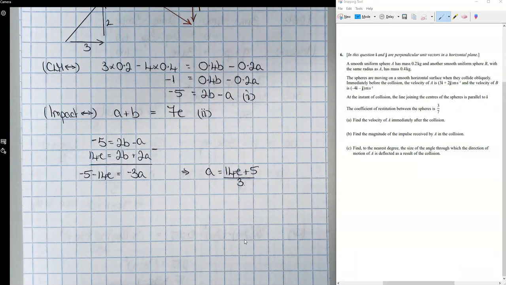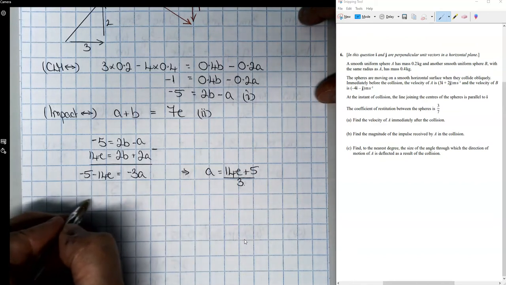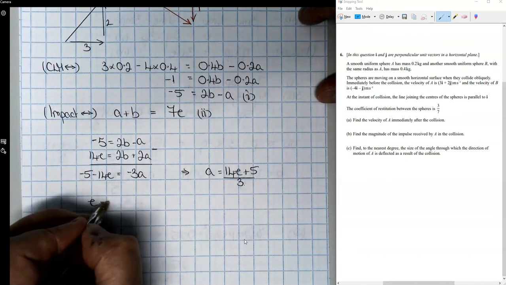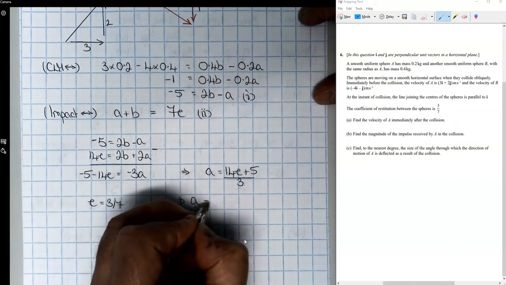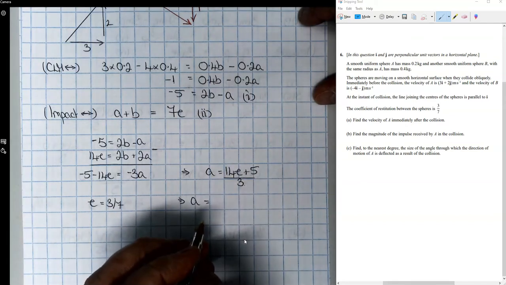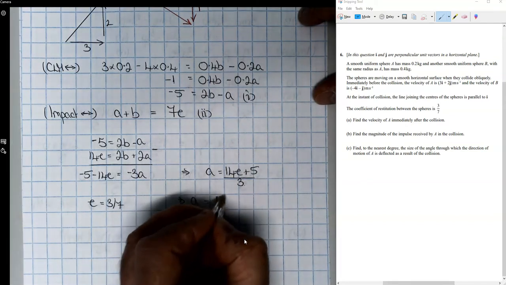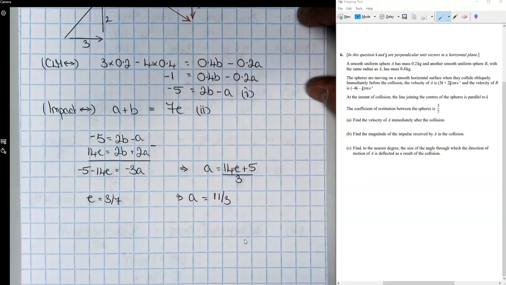I'm told in the question, which I probably could use earlier, that E is 3/7. I just spotted it. So E equals 3/7 tells me that A is (3/7 times 6 plus 5), 11 over 3. Okay, I could have plugged that in earlier to be honest, but anyway. So we've got 11 over 3.